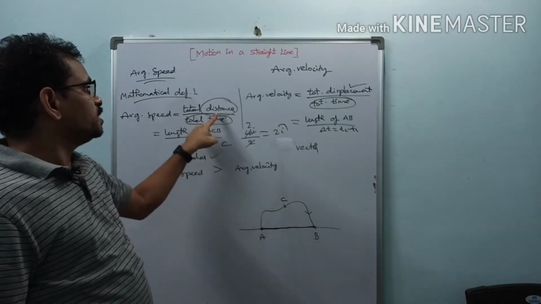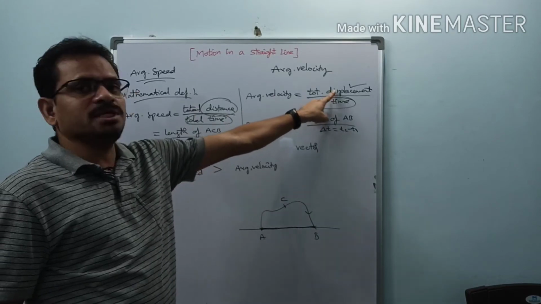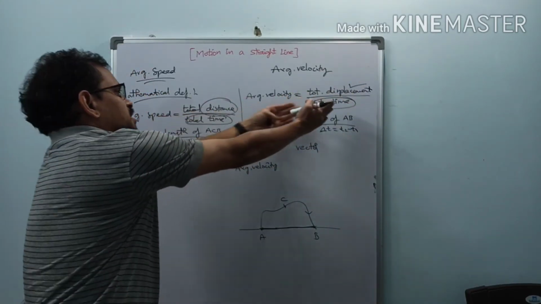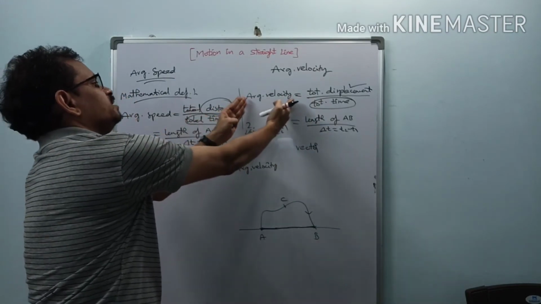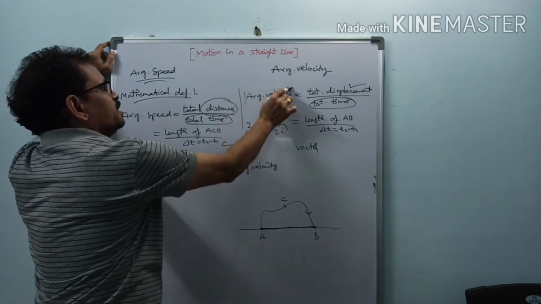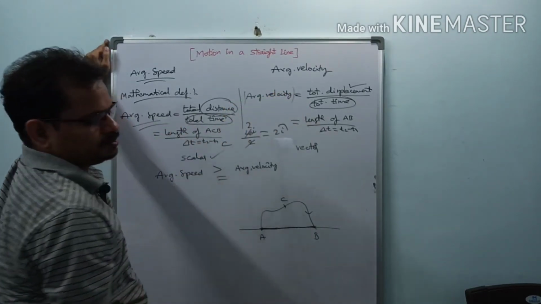So when the particle moves along a straight line, distance is equal to displacement, so this fraction is equal to this fraction, this RHS is equal to this RHS. Therefore this LHS will be equal to this LHS. That is, average velocity magnitude is equal to average speed.